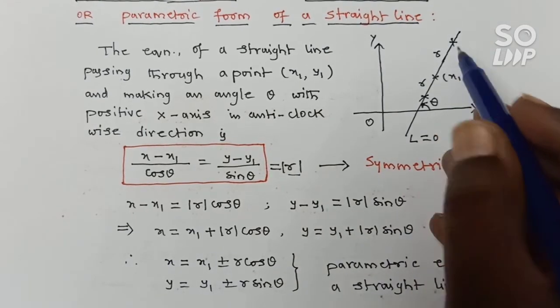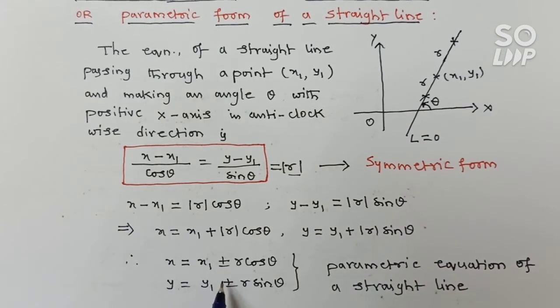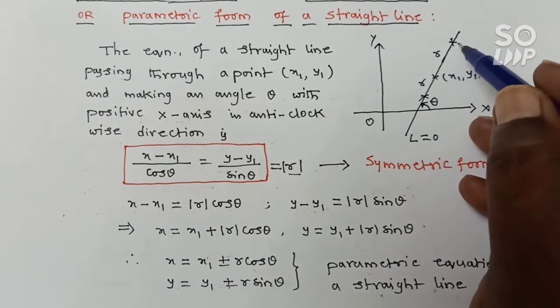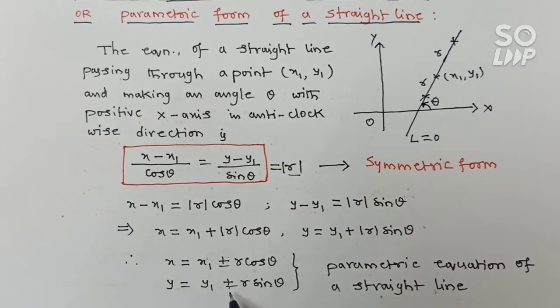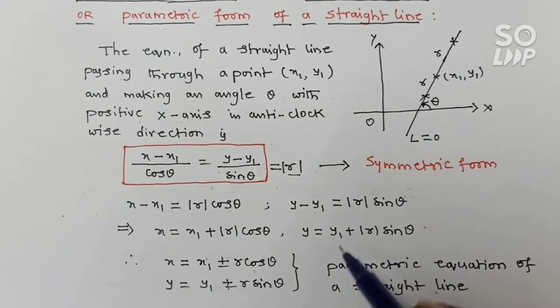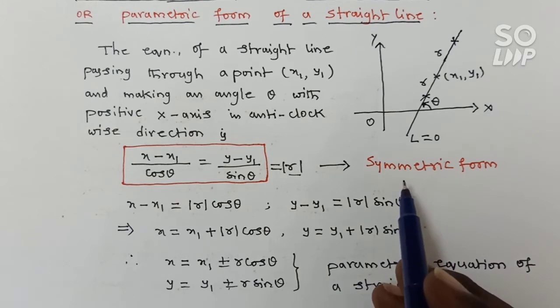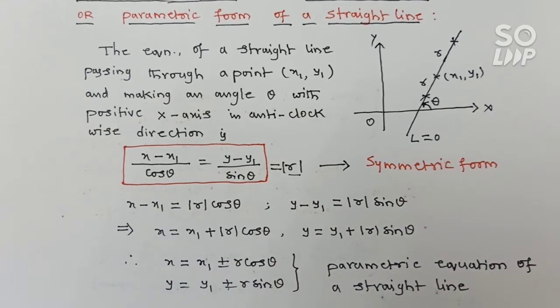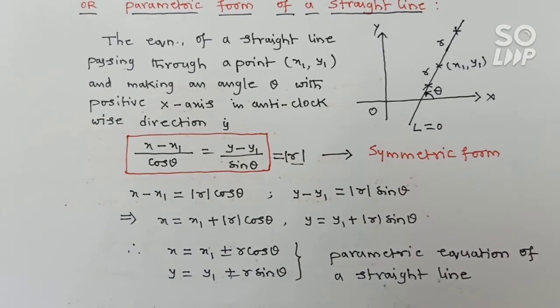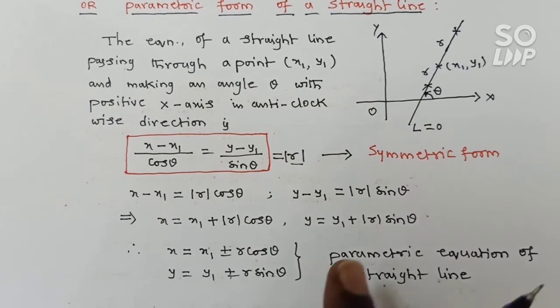By taking both as positive, this is the upper side, and when we take both as negative, this will be the lower side. So this is also called the distance form, right?